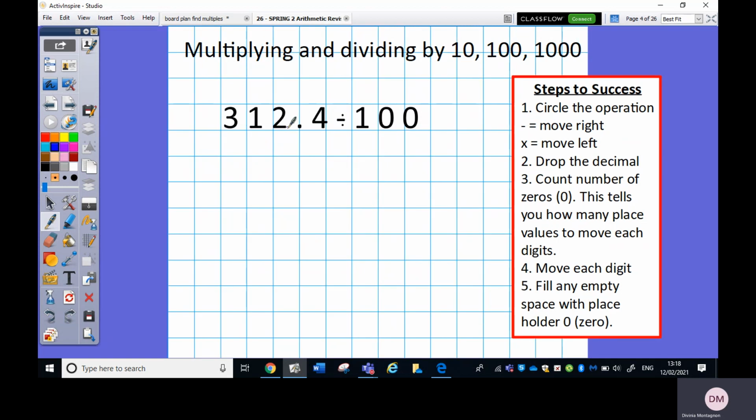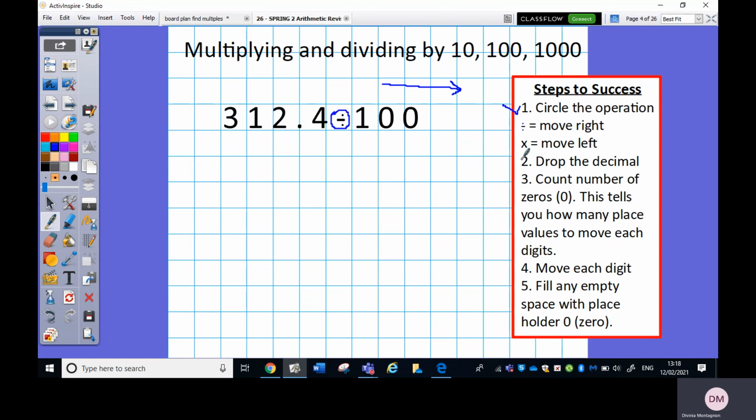We have 312.4 divided by 100. So can you read the first step for me? Good. So we are circling division, which means that we are going to be moving to the right. Good, which means that our number is going to get 100 times smaller.